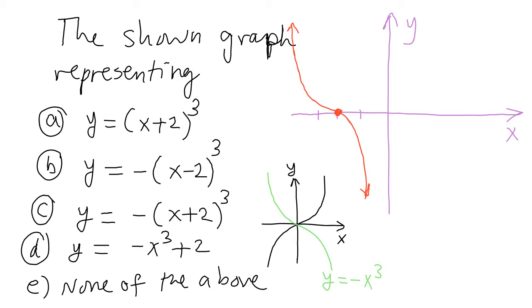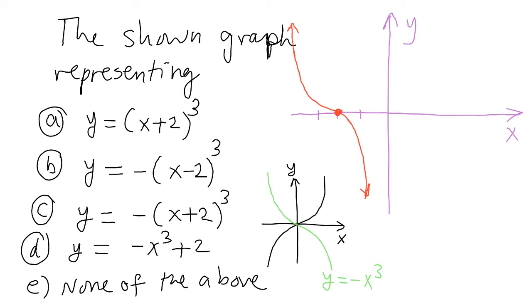Now, what's the relation between the green curve and the red curve? I will get the red curve out of the green curve. What I should do? I should move to the left 2 units.